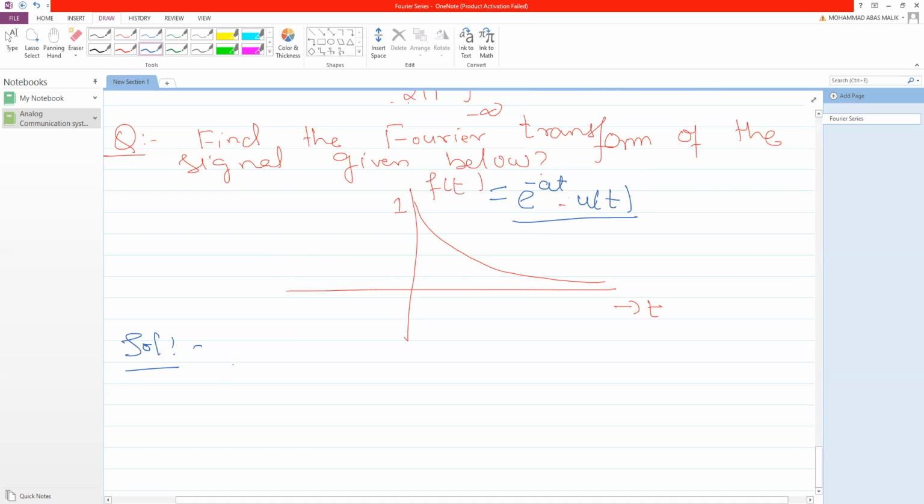Because if you try to draw the graph of e raised to the power minus at, at 0 it will be 1. At t equal to plus infinity, it will tend to 0. This is the signal graph for e raised to the power minus at.